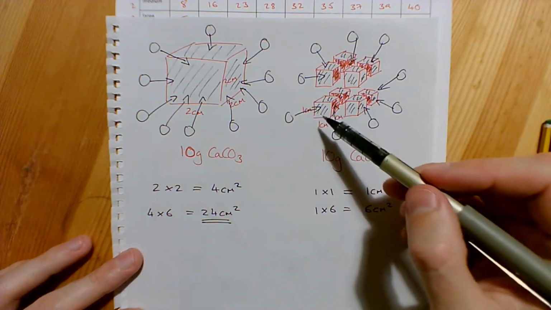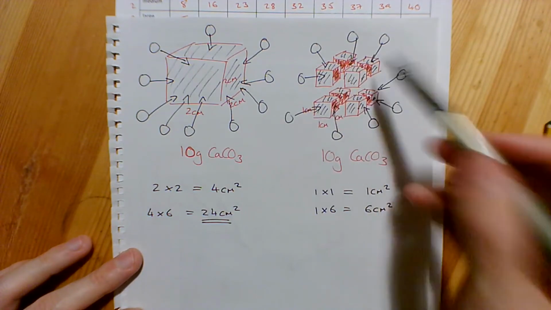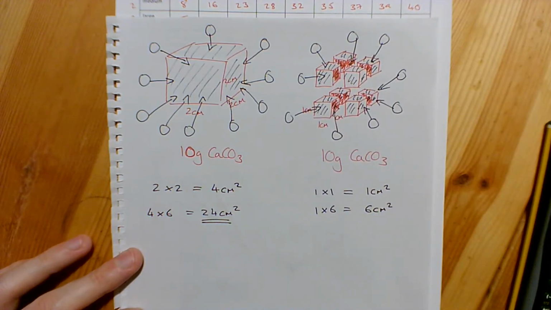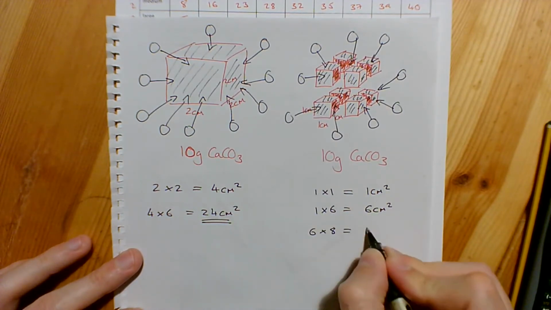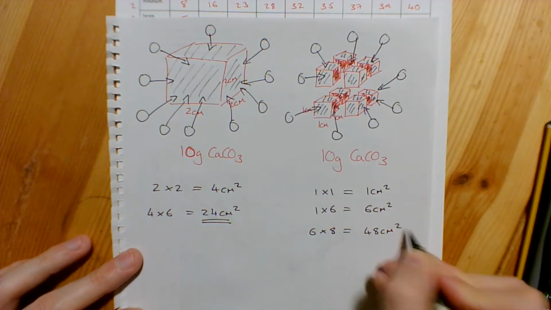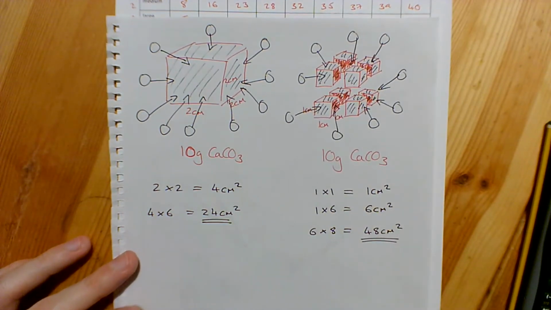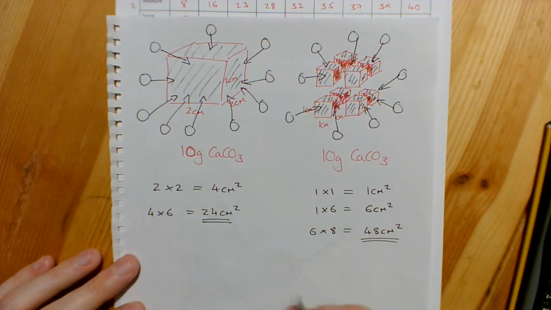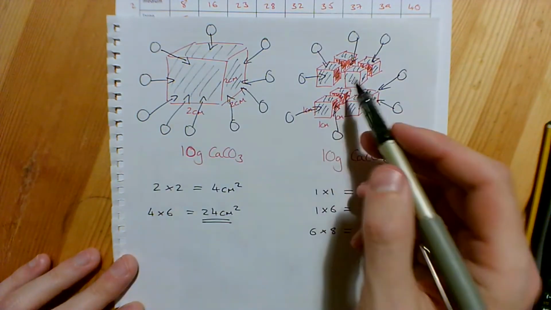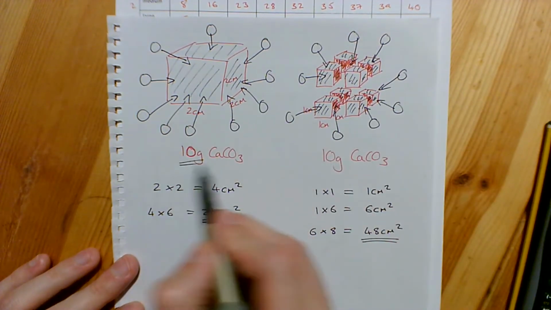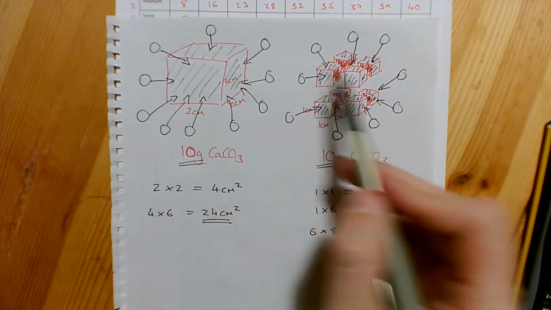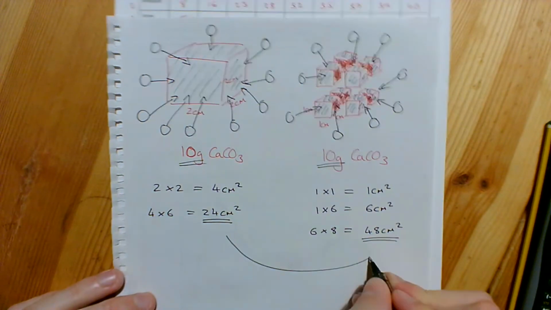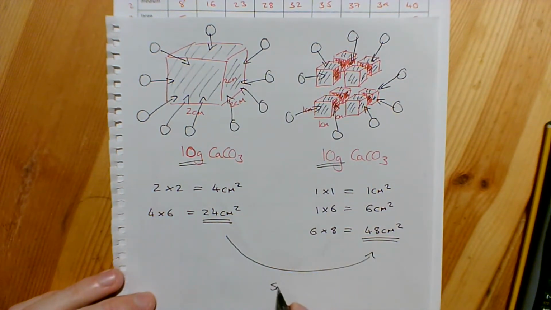But now we have 1, 2, 3, 4, 5, 6, 7, 8 different cubes, giving us 48 centimeters squared. So we've got double. Just by breaking this up, you've used the exact same amount, 10 grams of both, but just by breaking it up into smaller pieces, I have doubled the surface area.